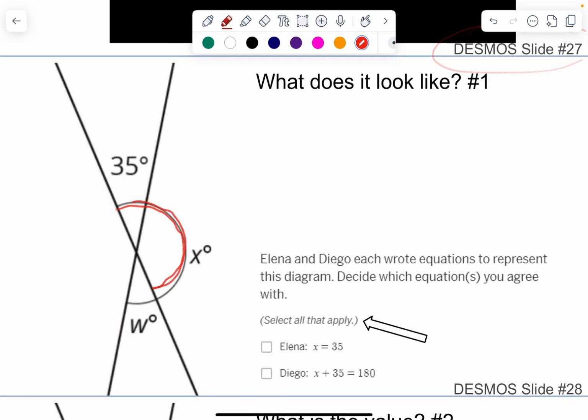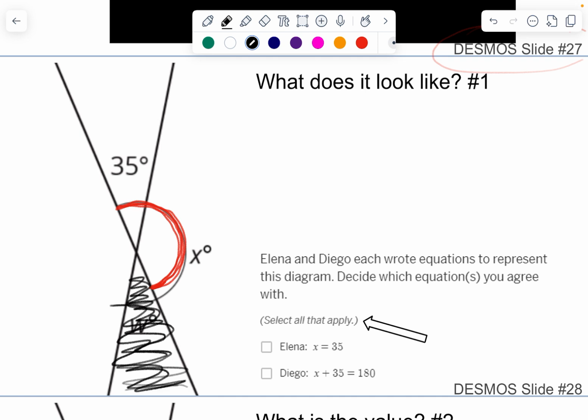That W, we're not doing anything with that W. So they're looking at that 35 and that X. If I draw that semicircle and stop it right there where X stops, we're not doing anything with this right now. We're just looking at what they did. And so if that's the case, then Diego's going to be right because these are supplementary.